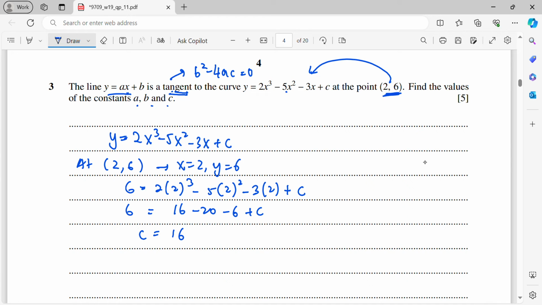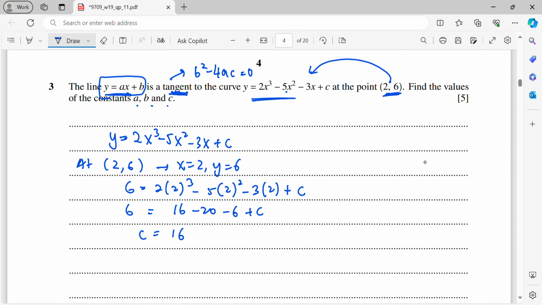Now, we use this line. Given this line is a tangent, you can just use the b squared minus 4ac to show this tangent line, which means that is the intersection. So if I use that method, you will be getting a cubic function later on.